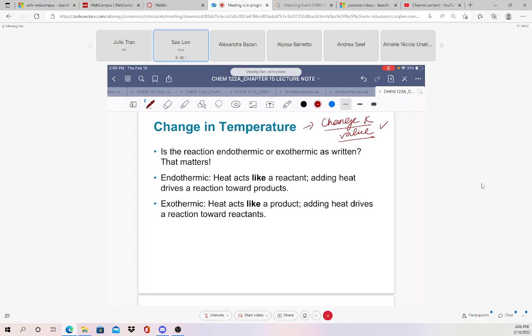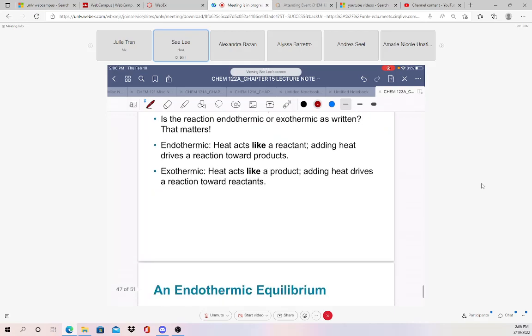Kc and Kp are constant at constant temperature, so they will vary as the temperature changes. For an endothermic reaction, you will have positive enthalpy, so a positive delta H value.